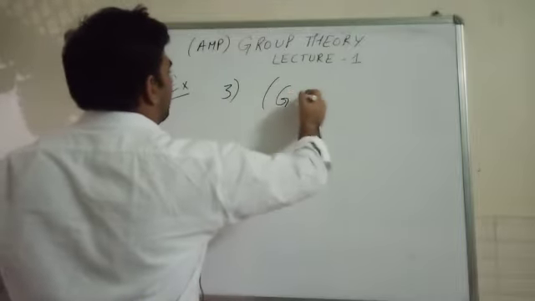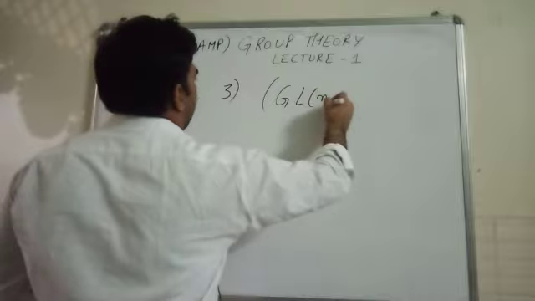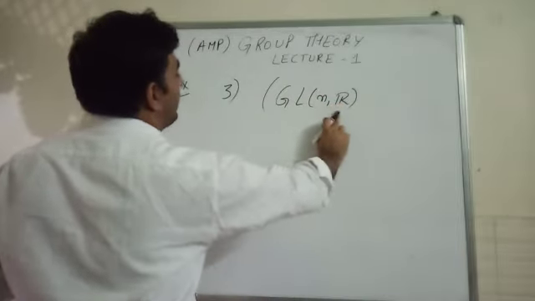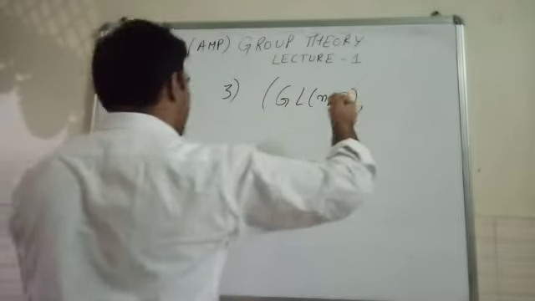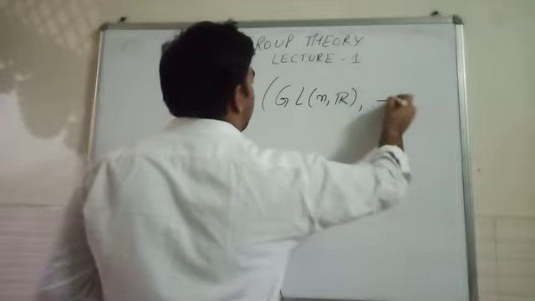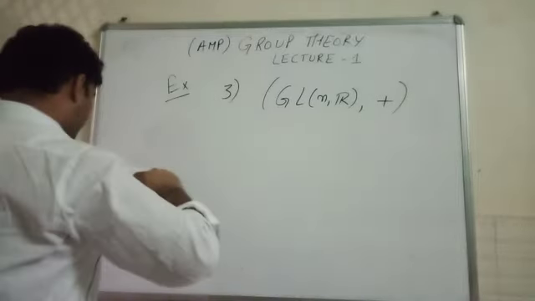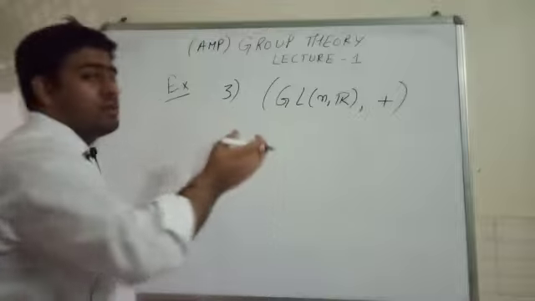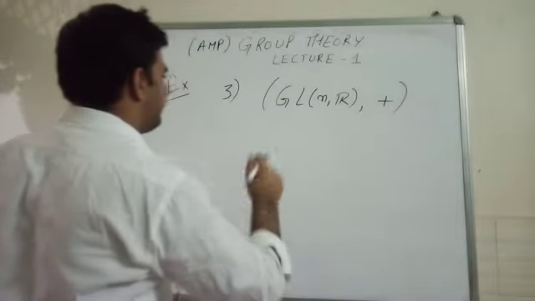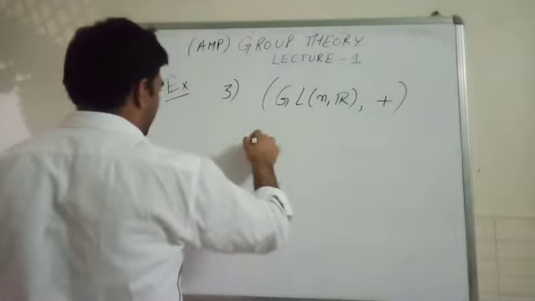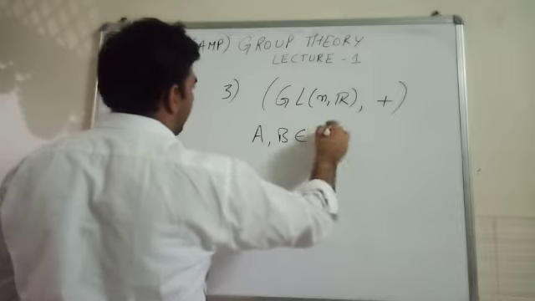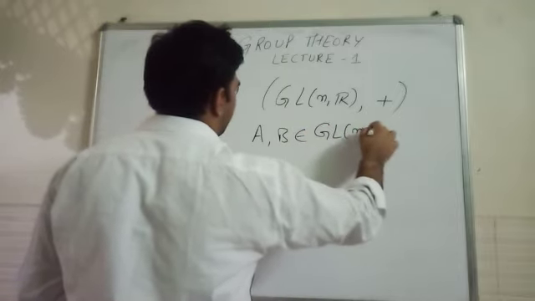This consists of the set of n cross n matrices with real entries, and it's a group under the operation of addition. Now clearly, if you add two matrices, you get another matrix. For example, A and B are two n cross n matrices.